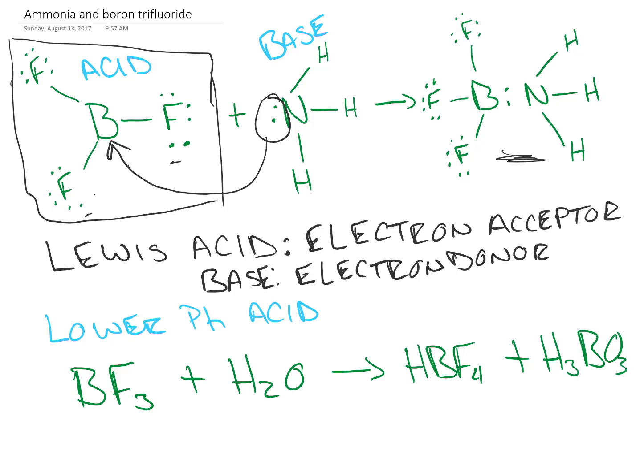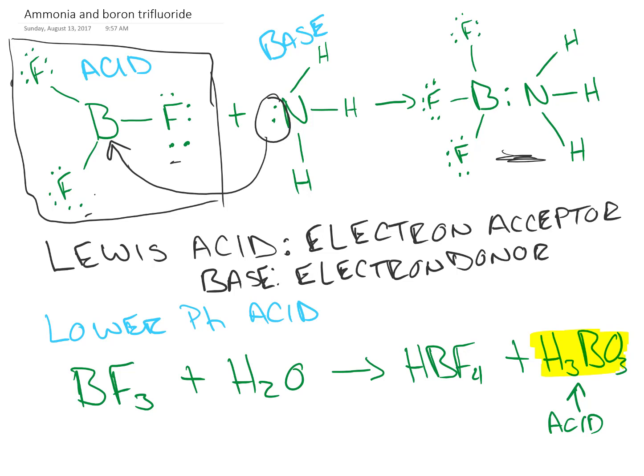So when we put it in water, we do actually get this guy, which is our acid. So this one is what decreases the pH, increases the hydrogen ion concentration. So this is what creates our acidic environment in water.